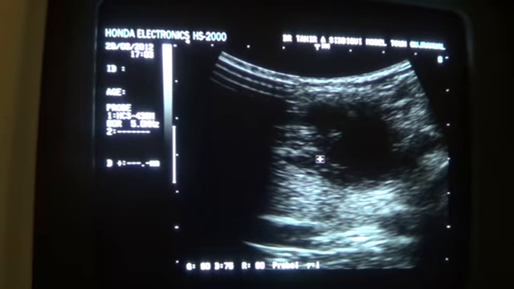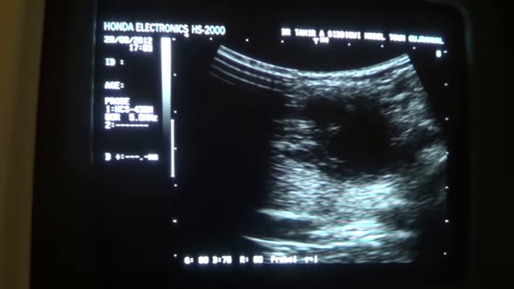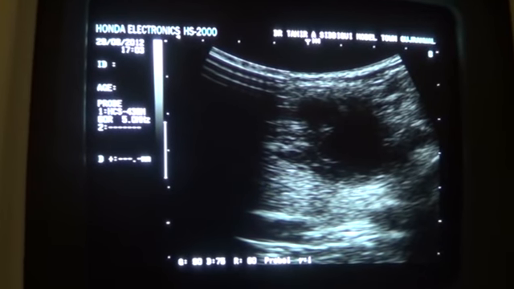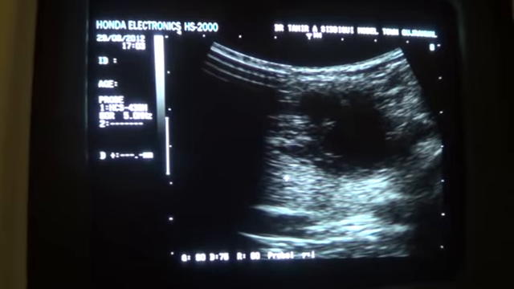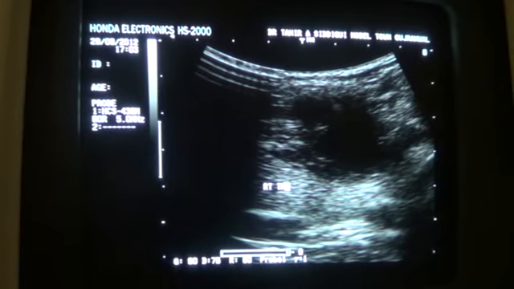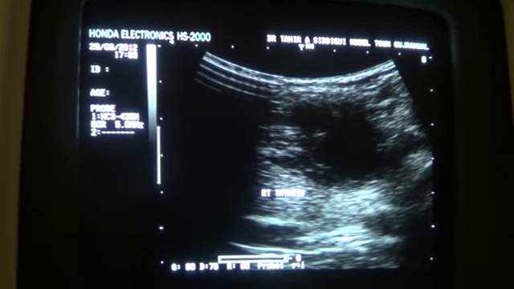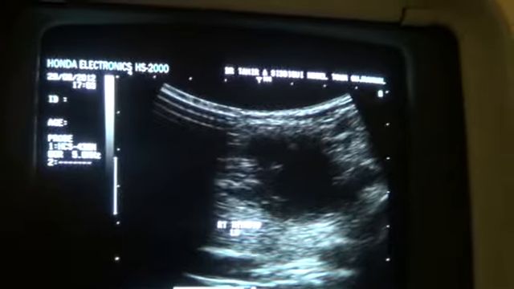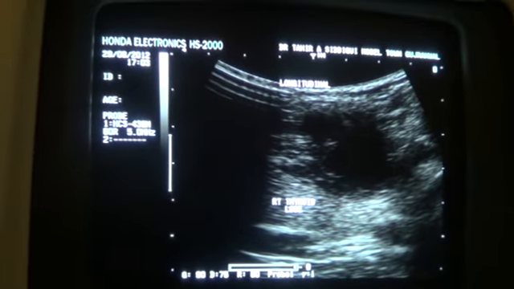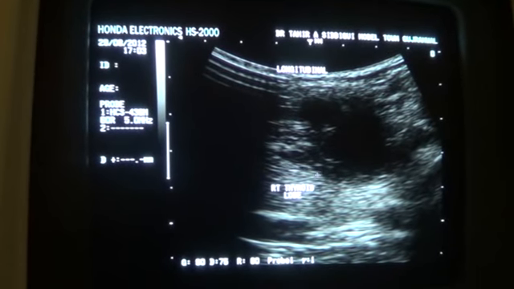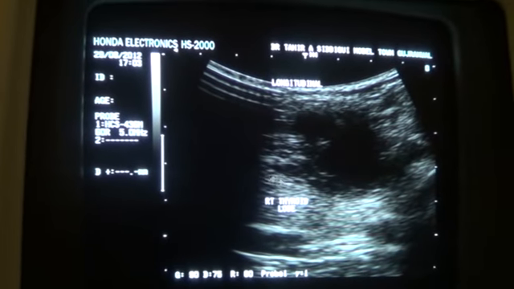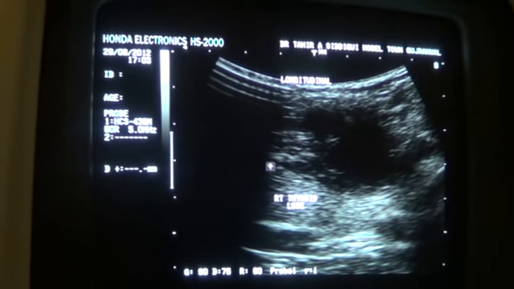In fact, this is the common carotid artery in longitudinal section. This is the cyst, and this is the thyroid tissue of the patient. This is the right thyroid lobe in longitudinal section. The echogenicity is low-level, that of the parenchyma of the thyroid that is seen and is normal.